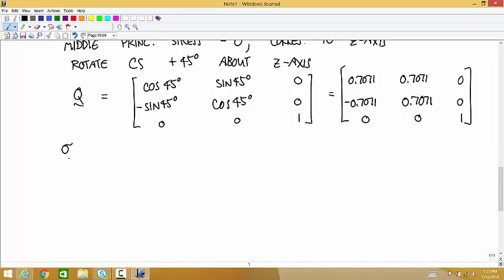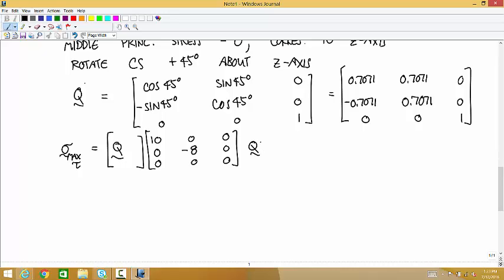And so then the stress tensor with the maximum shear stress is equal to that matrix Q times our principal stress tensor, 10, 0, 0, 0, negative 8, 0, and then 0, 0, 0, times Q transpose.